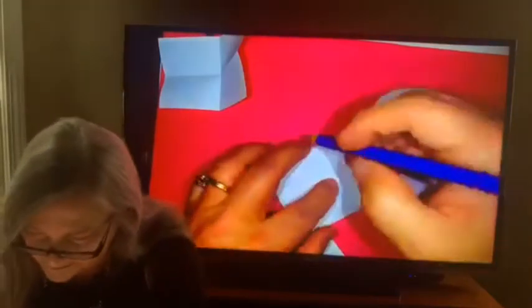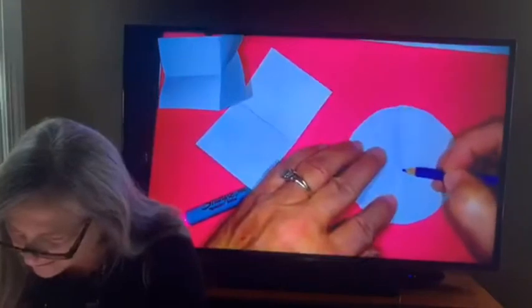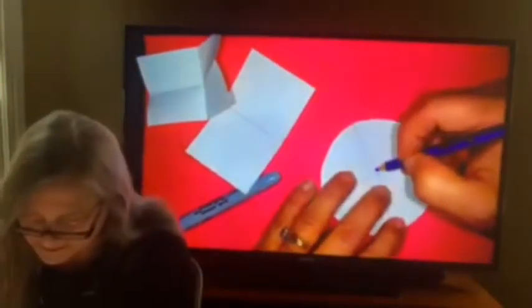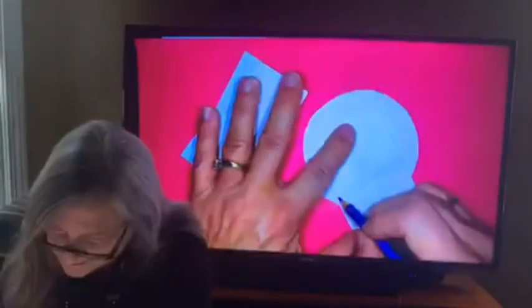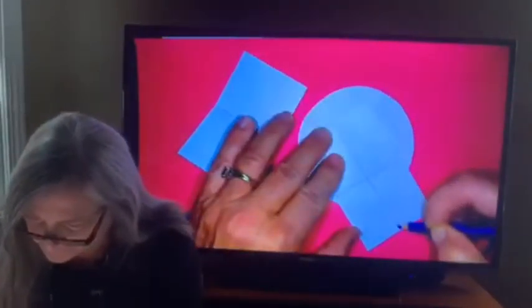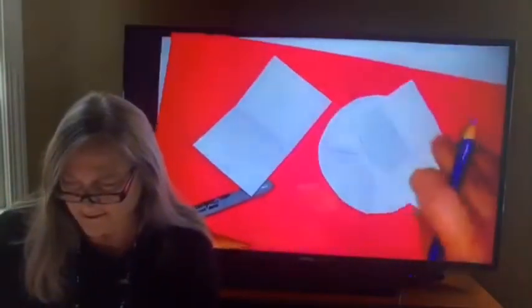So now we have our half. I'm going to mark this down. Our 4s. I'm just going to mark it so you can see it better. Our 4s on here, and our halves on here.